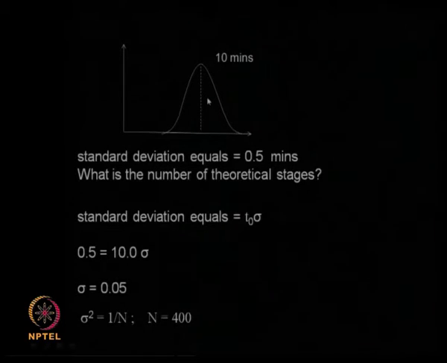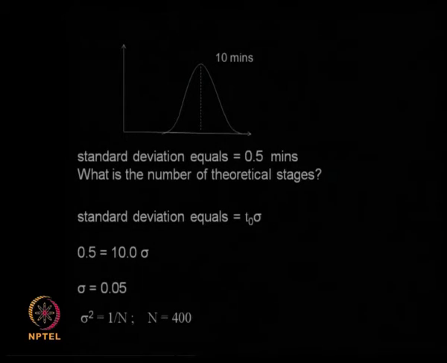So when I inject a sample and I get a beautiful sharp curve, I can be sure the theoretical stages are large. If I am getting a broad curve, then I can be sure my theoretical stages are less. By looking at the shape of the curve that is eluting out, we can tell what type of column it is, how effective the column is.